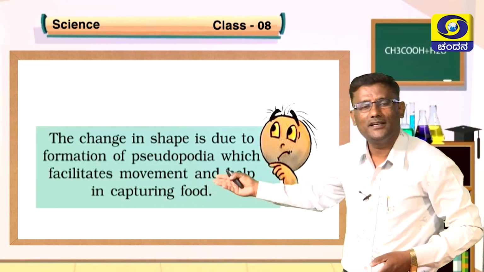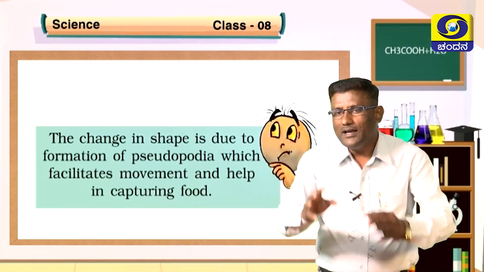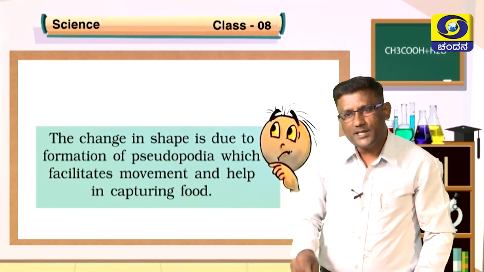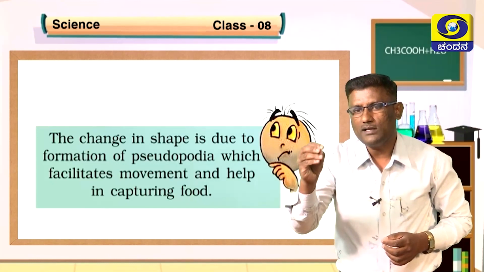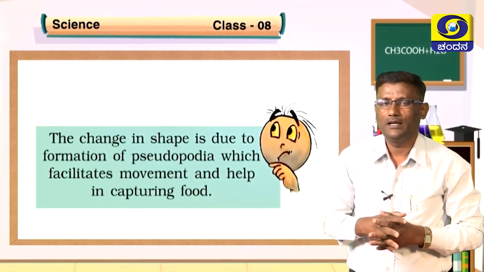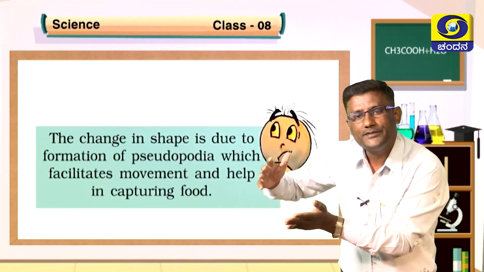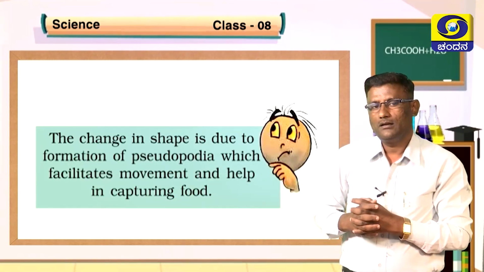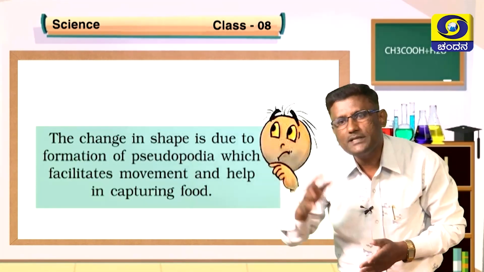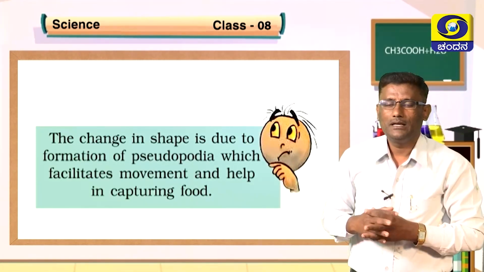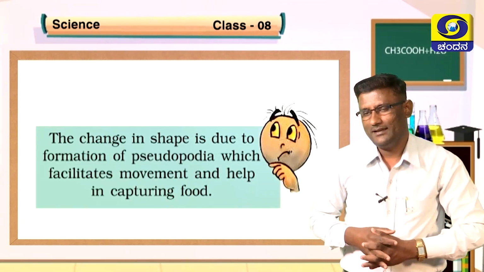Here is the answer. The change in the body shape of amoeba is due to the formation of extensions known as pseudopodia. Pseudopodia are false leg-like structures, and because of their formation it keeps on changing its shape. Due to this, movement is noticed in the amoeba, and because of that movement it captures the food material.